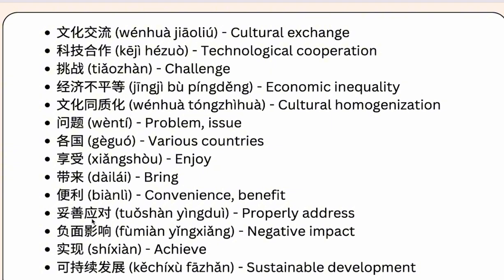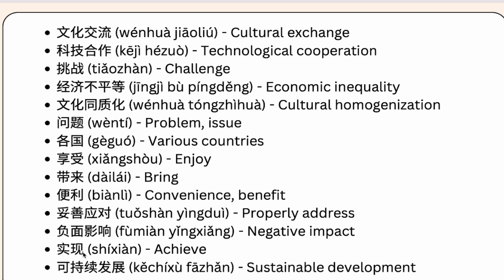So 妥善应对, properly address it. 负面, negative. 影响, impact or influence. 负面影响. 实现, make something come true, realize, achieve.